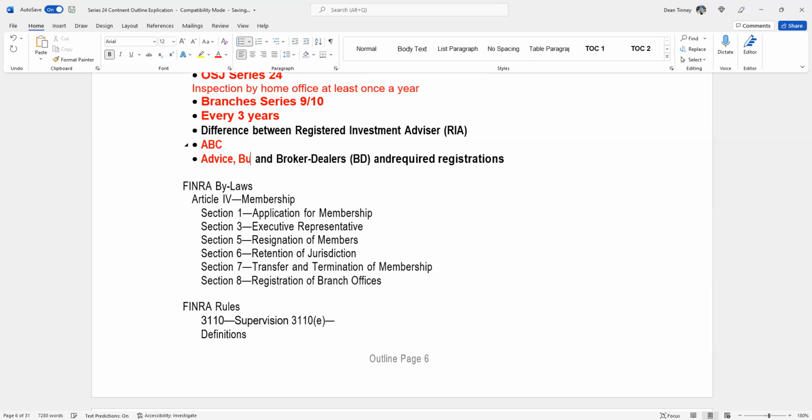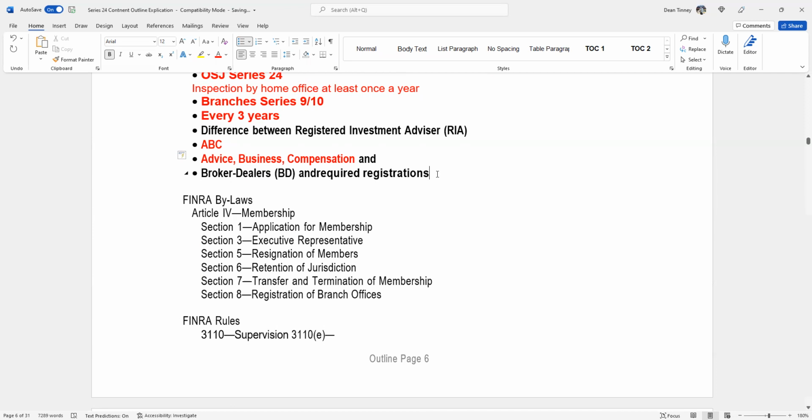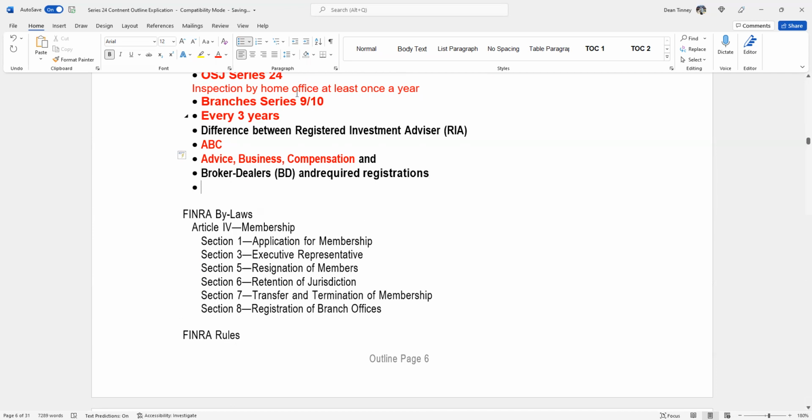Do you tell people you're in the business of giving investment advice and you want compensation? If I'm just a brokerage firm, I don't make money on fees. I get paid based on transactions. So, as a broker dealer, I'm going to make money from transactions.